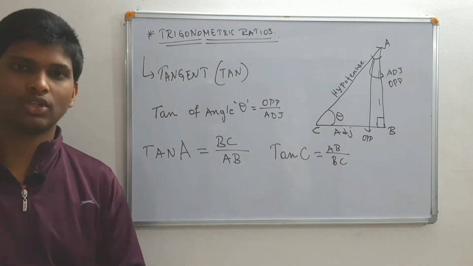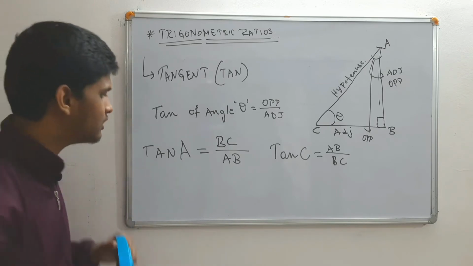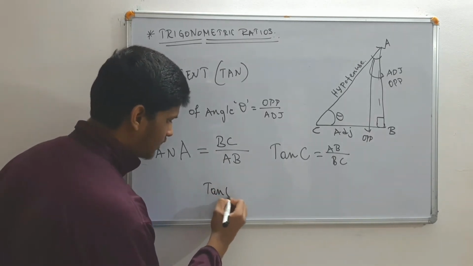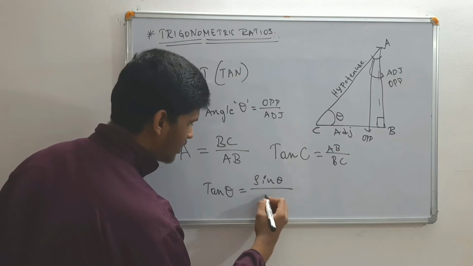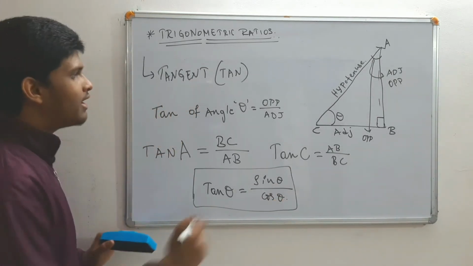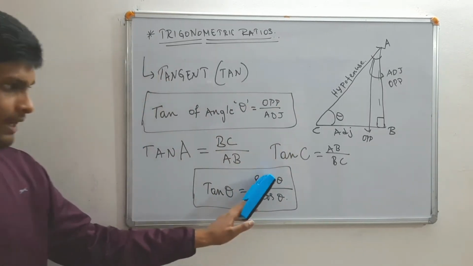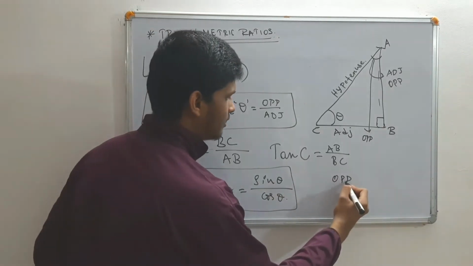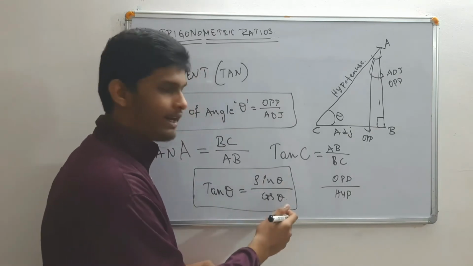And one more thing you should remember is that tan theta is also equal to sin theta divided by cos theta, which is the ratio of sin and cos. Even this is valid, and the main formula is the earlier one. When we do sin theta by cos theta, we get opposite side by hypotenuse, divided by adjacent side by hypotenuse.